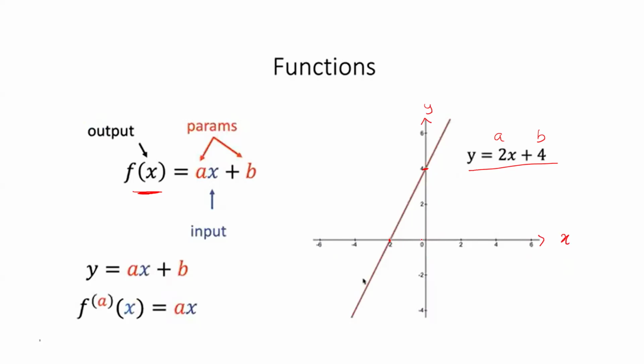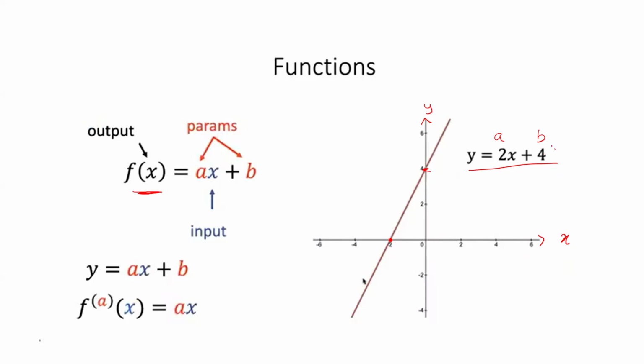With respect to x, my a is 2, and with respect to y, my b is 4. When I draw a line based on these two points, we get this particular straight line.